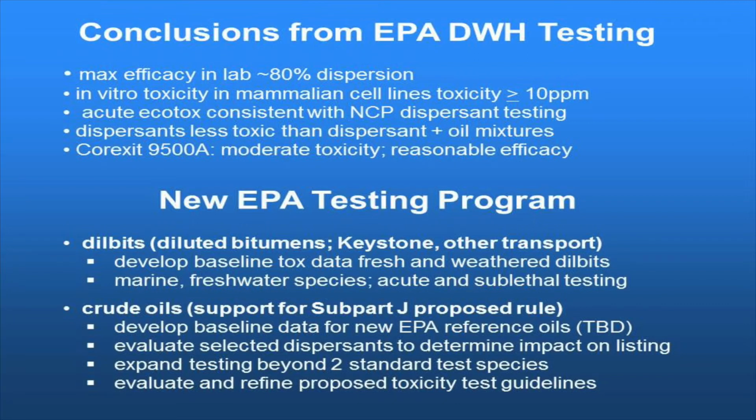The old EPA reference oil was Louisiana crude oil. We've depleted that, and so we're now identifying 2 types of oils that would be part of the dispersant listing procedure. We're going to evaluate some selected dispersants. We're not going to test everything that's currently listed, but we'll pick out some, and then we're going to expand beyond the standard guidelines.